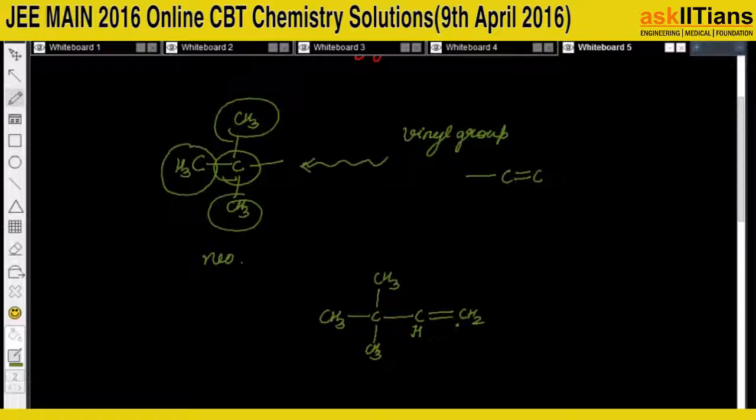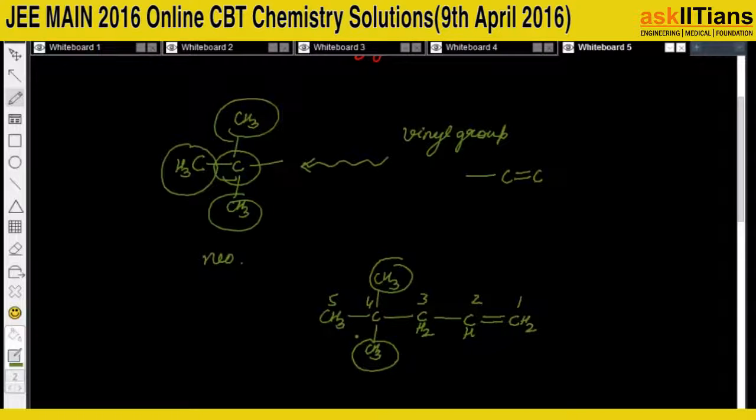So let me count the number of carbon atoms. I must have missed one thing. Since I have been asked to form a neopentyl, you have a C with CH3, CH3, then I have another C, and then a double bond CH2. So let me count: 1, 2, 3, 4, 5, 6 and 7.